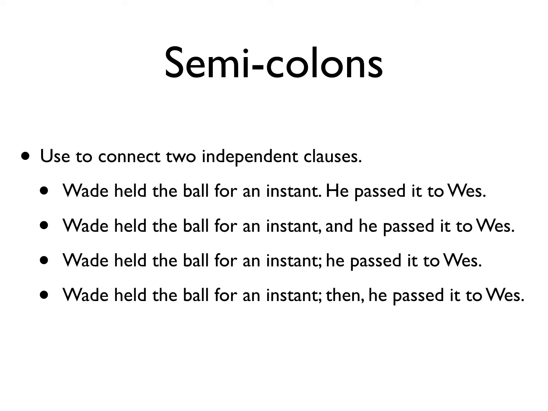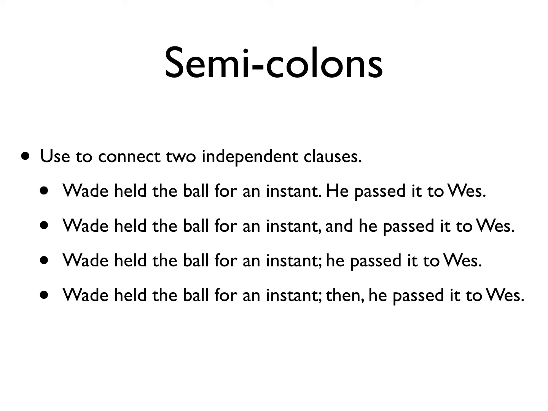An independent clause is a clause that contains a subject and a verb. But that's all clauses. So whether it's dependent or independent, you have a subject and you have a verb, right? So what makes independent clauses different than dependent clauses? Well, independent clauses also make sense on their own.